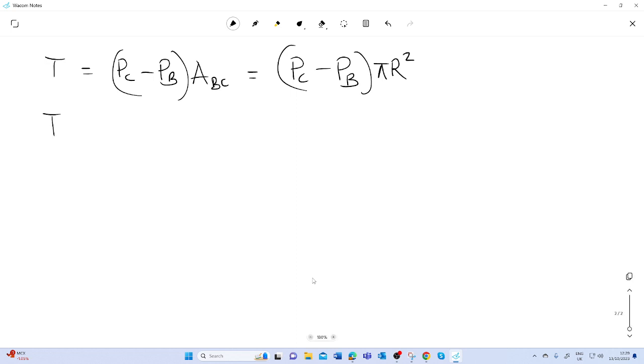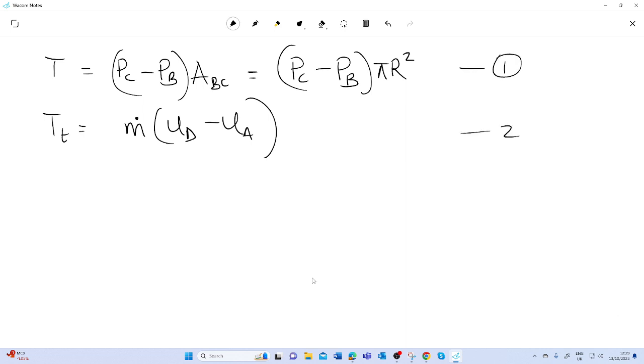So the total thrust equals M times UD minus UA. That's equation 2.